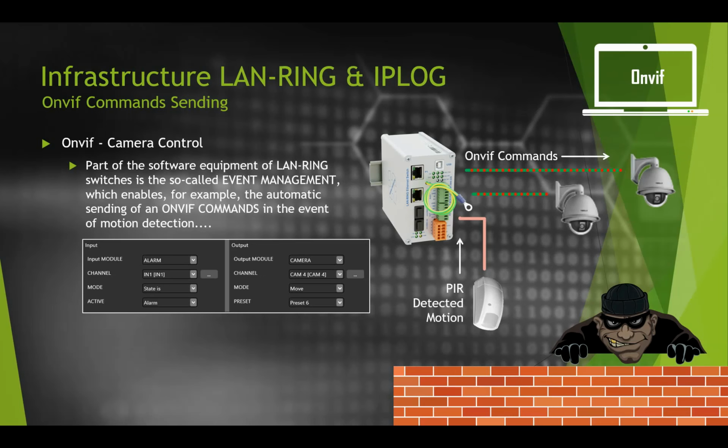With the advent of the ONVIF protocol, this problem disappeared. Both LAN-RING switches and IPLOG control units can therefore turn to IP camera presets of all manufacturers supporting ONVIF and its profiles. A typical scenario is to send a preset command to the camera in the case of motion detection by a motion sensor, or in the case of opening a switchboard.